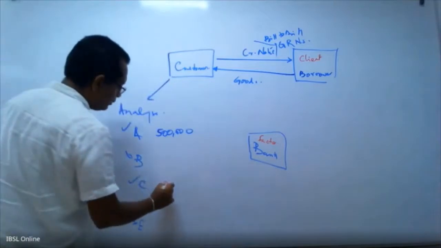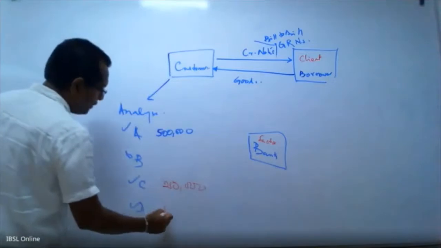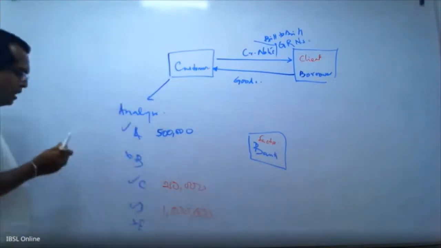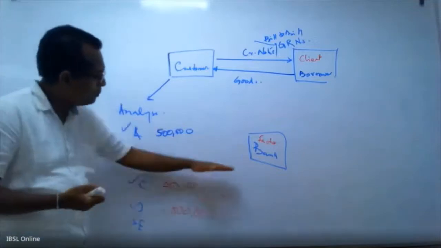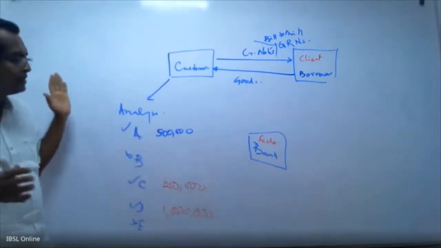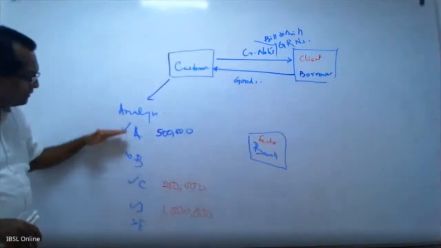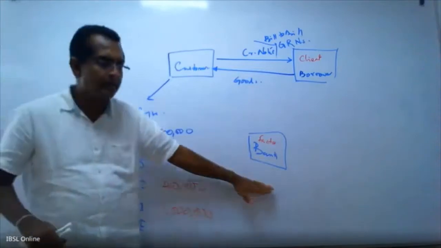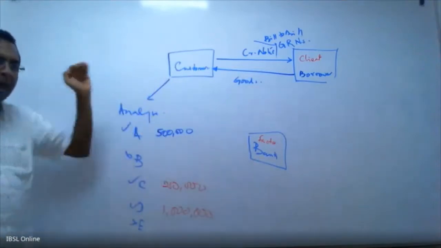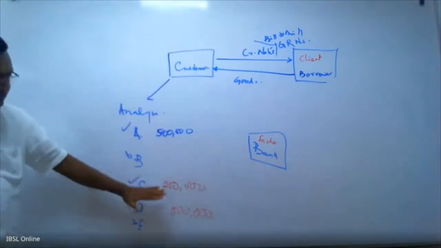For C, it is 250. For D, it is 1 million. Like that, bank will decide how much it will give for each customer. So the borrower's sales is managed by the bank. Bank will tell to whom you should sell and how much you should sell. Right? Bank will decide on these things.